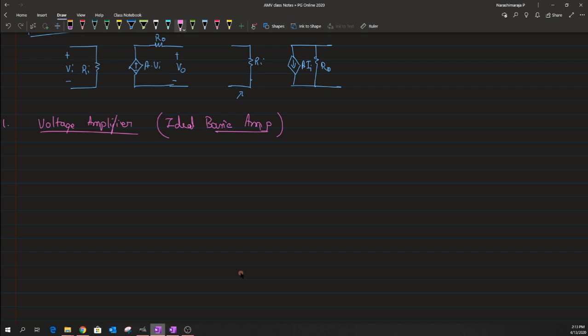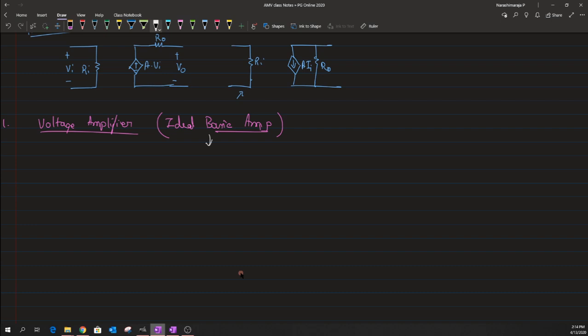Whenever we have this ideal model, there is one important advantage. Having this ideal basic amplifier as our model will in general not impact our gain expressions or the input output expressions due to the loading effect of the feedback network as well as the loading effect of the source component.